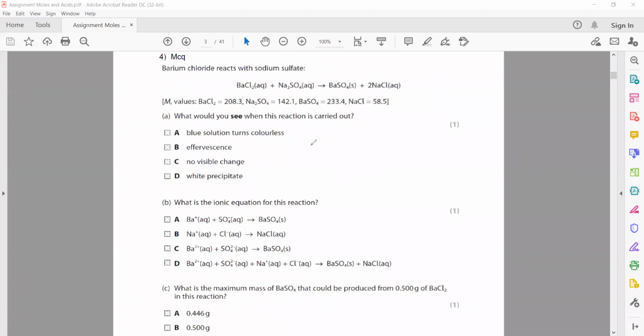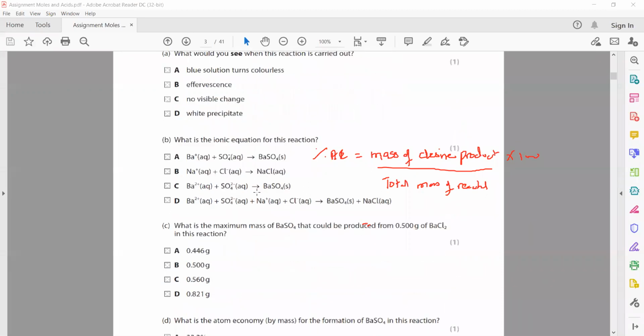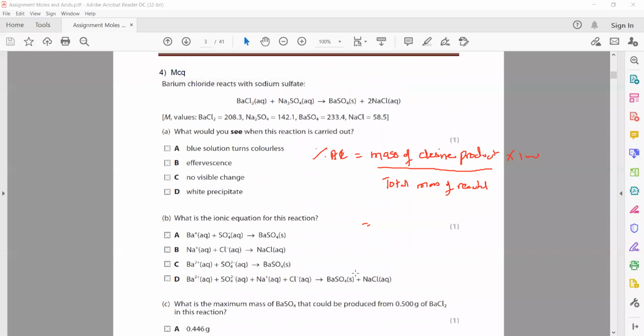So we want to work out the percentage atom economy, which equals the mass of the desired product divided by the total mass of the reactants, times 100. Our desired product is barium sulfate.